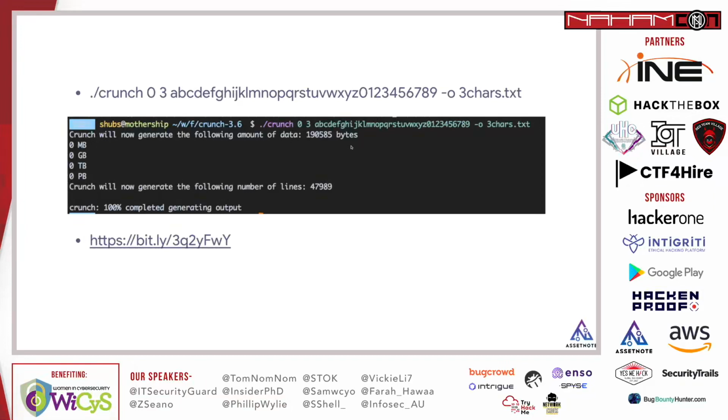In this example, I've done all lowercase letters and numbers, and I'm making a word list which is from 0 to 3 length, and that generates roughly 47,000 lines, and then you can use that with ffuf. The link at the bottom of this slide just links to the SourceForge project, which you can compile on any Linux machine and start using this tool for brute forcing purposes.